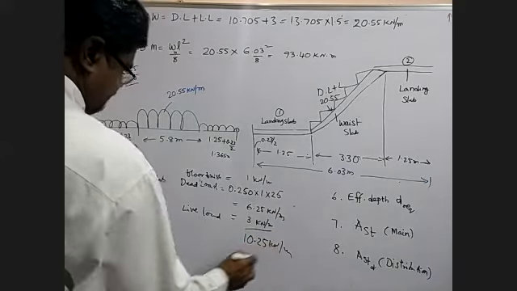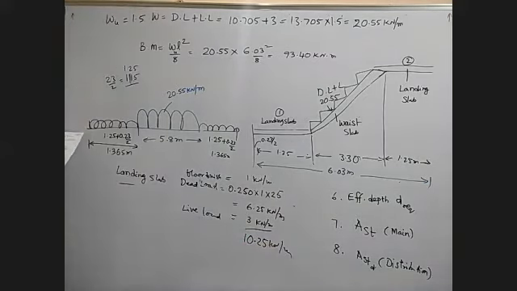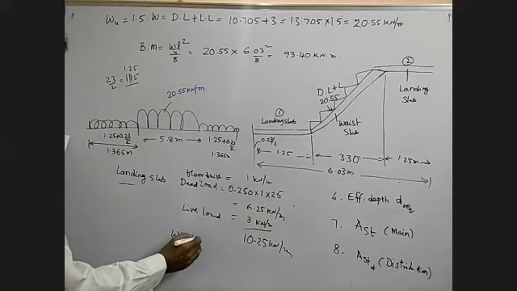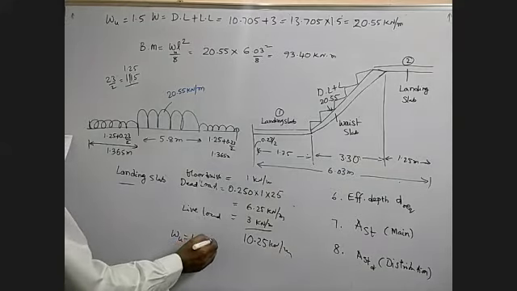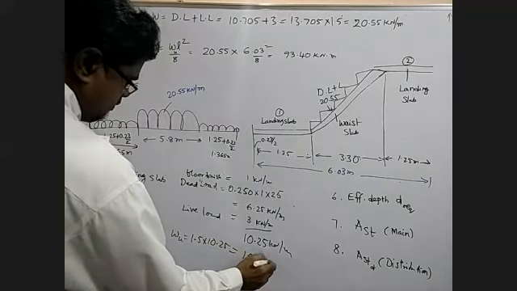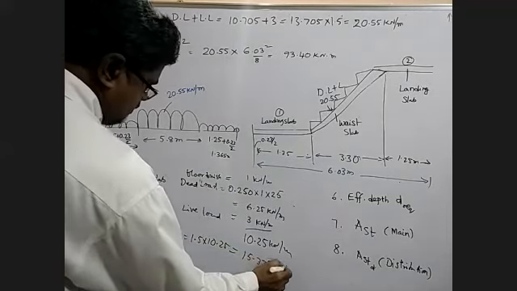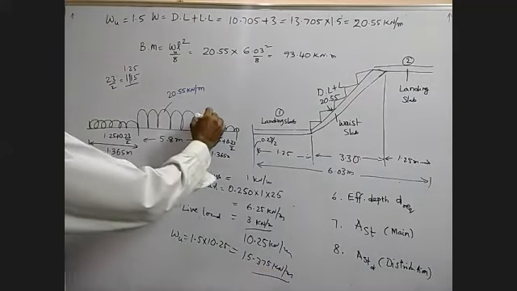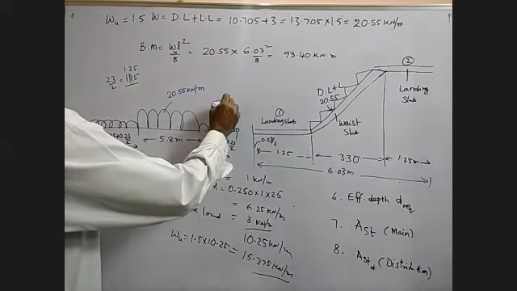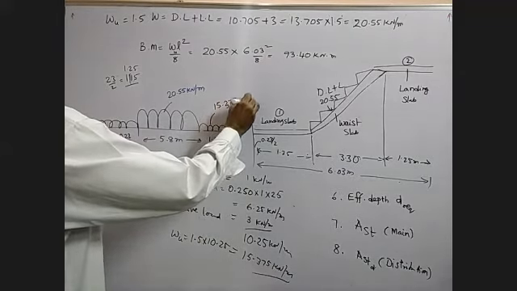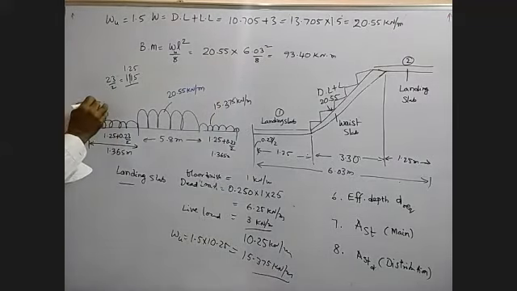So 10.25 into WU, which is 1.5 into 10.25, comes to 15.375. Here this is 15.375.